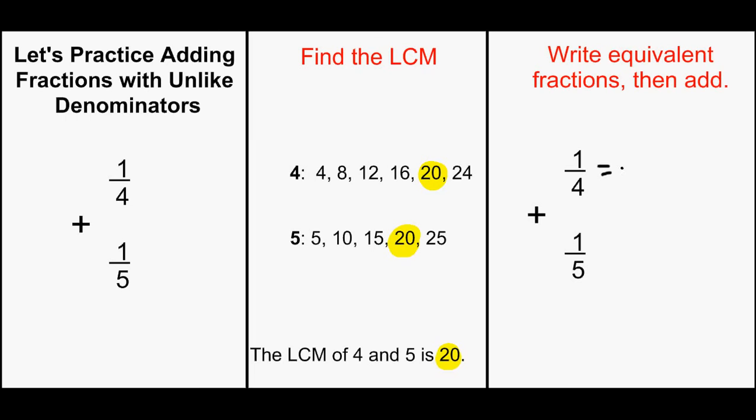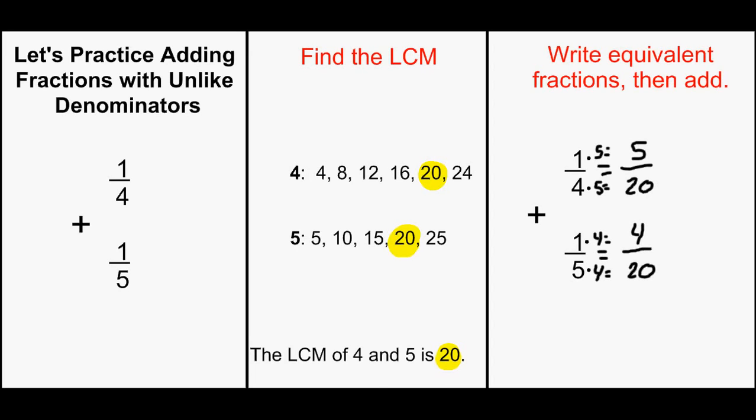We will write 20 in the denominator of both fractions and multiply each fraction by a form of 1 so that our denominator will be 20. 4 times 5 equals 20. 1 times 5 equals 5. 5 times 4 equals 20. 1 times 4 equals 4.